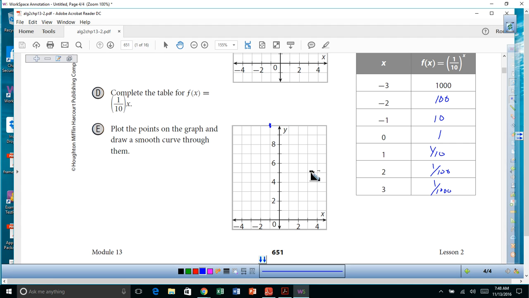Put that on there. 0 is 1. 1 is 1/10. And I can't put the rest on there. It's going to get real close quickly. Again, as x approaches infinity, f of x approaches 0.